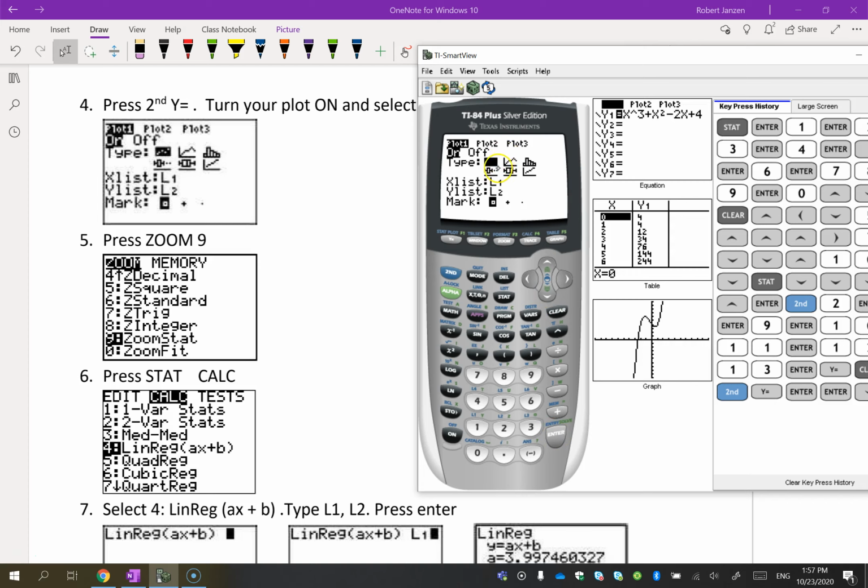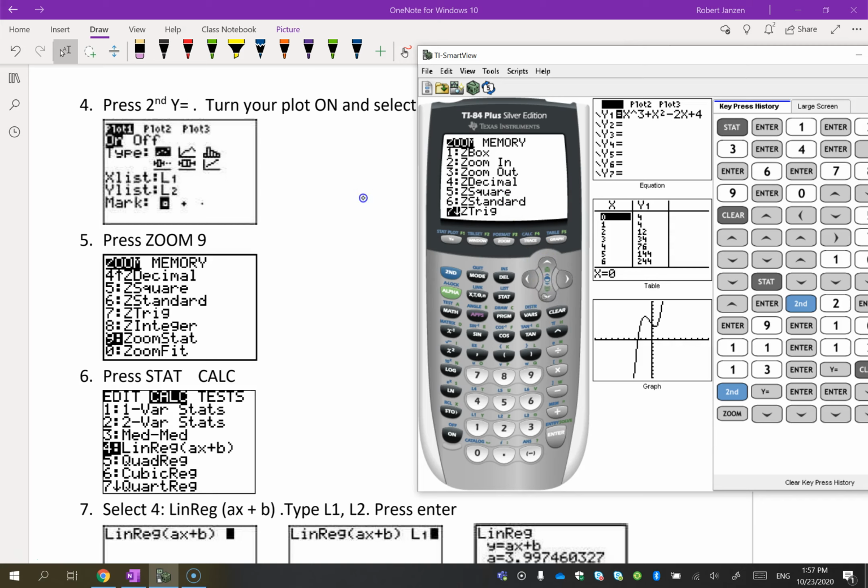Okay, and we're almost always going to be on this flashing icon there. That's for a scatter plot. And you can see here I have L1 and L2. That's where I have my data filled in. That's how to fill out the calculator so you can plot it. And now we're going to go to zoom. Remember what zoom 6 was if we were graphing a regular graph.